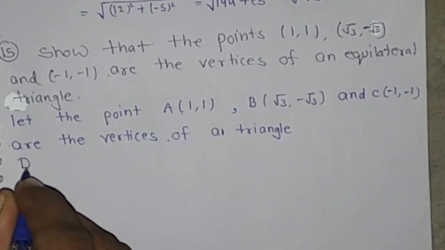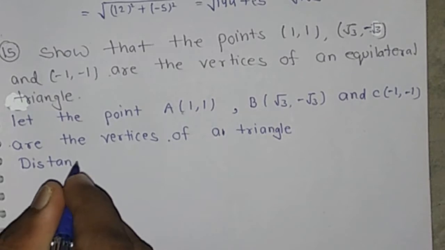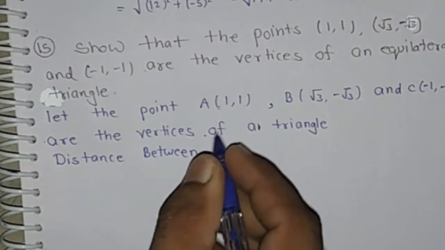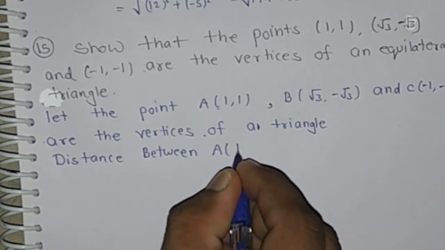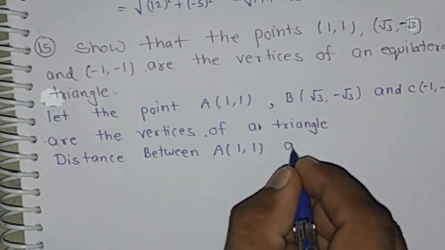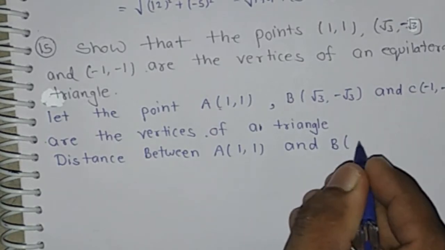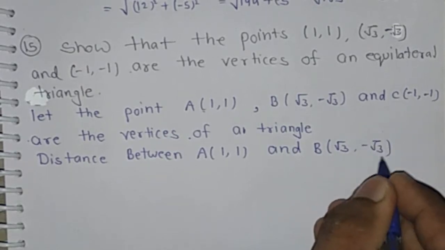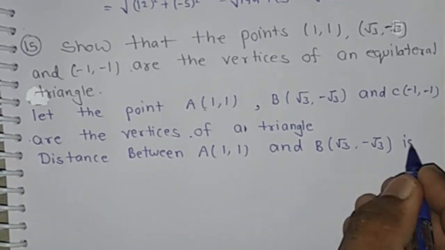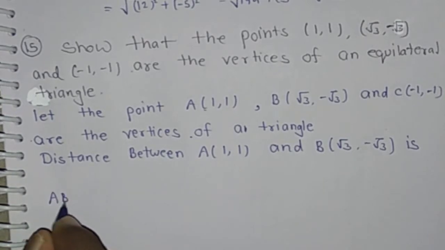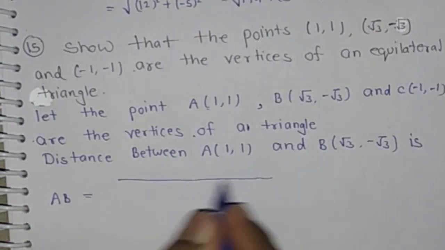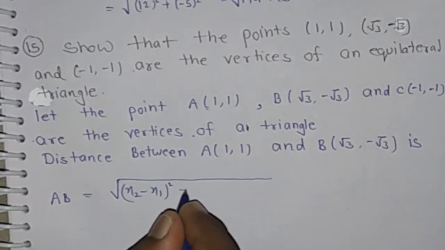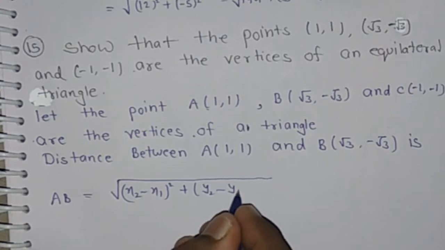Then the distance between A (1, 1) and B (root 3, minus root 3) is given by AB equal to, we know the formula, square root of (x2 minus x1) square plus (y2 minus y1) square.